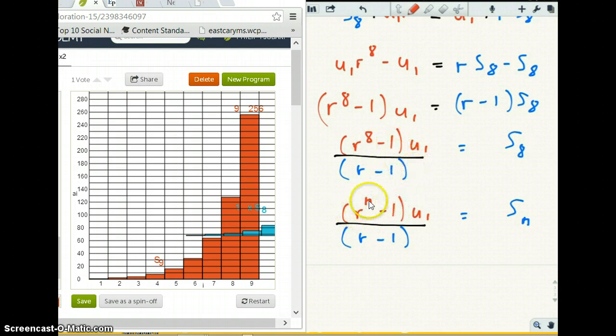Well, we're going to make a general case out of that, and all the 8s we change to an n. So now we know that S sub n is equal to R to the nth power minus 1 times U1 divided by R minus 1, and this is the general formula for the sum.